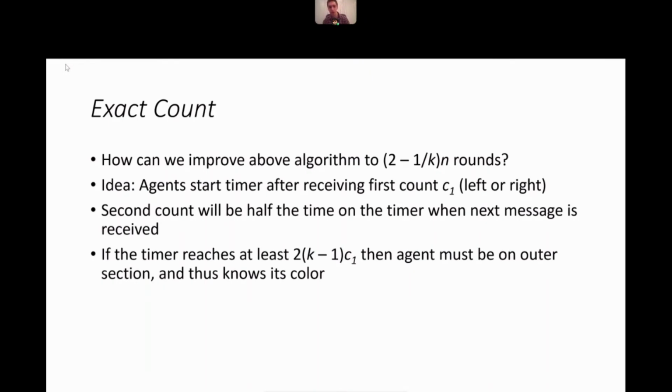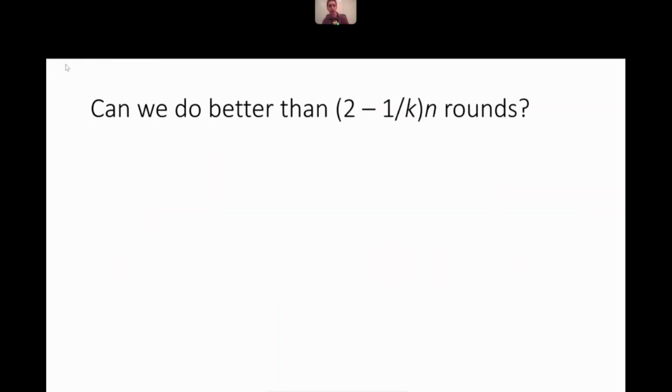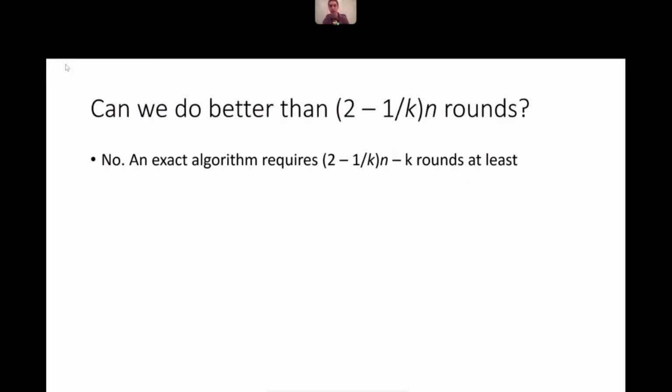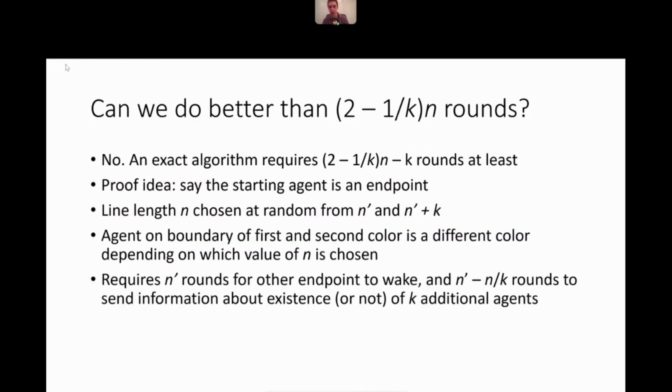So if the timer reaches a very large value, then the agent knows it must be very far from its other endpoint and can safely assume that it is the color of one of the outer sections. It turns out we can't do any better than this, and in the interests of time, I'm going to skip this proof idea, but you'll have to take my word for it or read the paper.